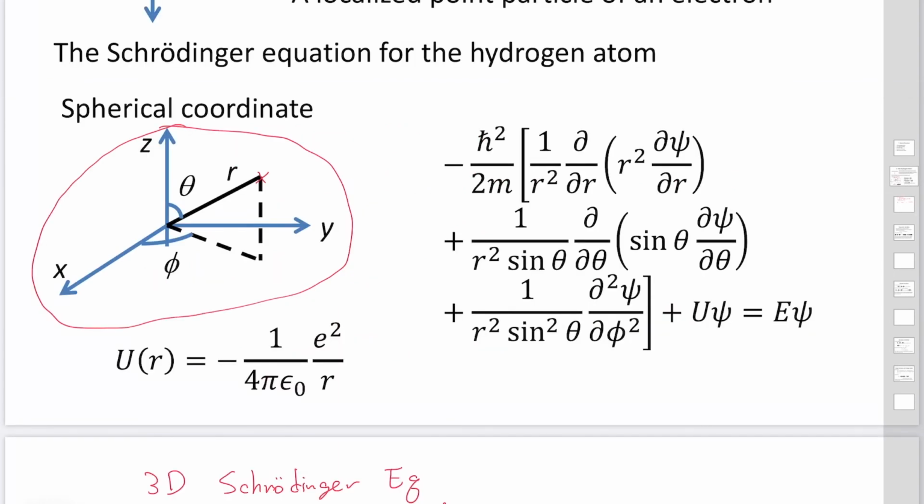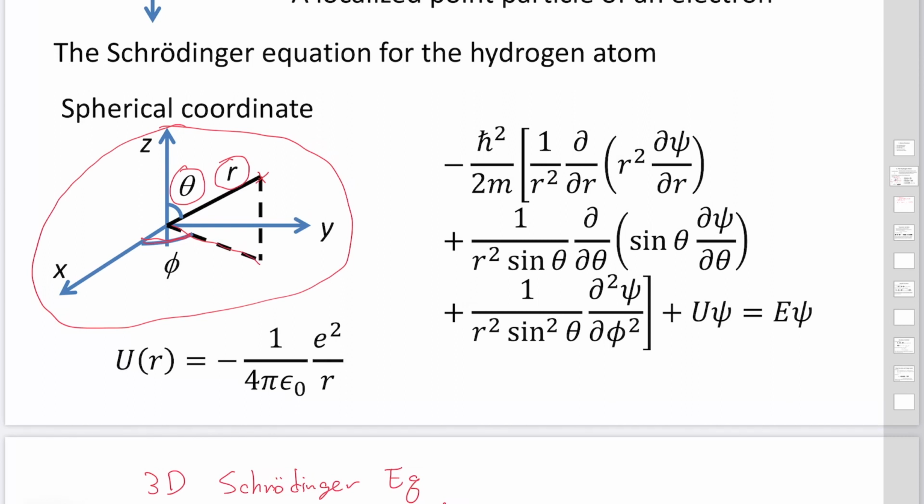Instead of x, y, z, we can use r, the distance from the origin, and theta, the angle between the z-axis and the radial vector to the point in space. If you take the projection of the radial vector on the xy plane, the angle between the x-axis and that projection is the angle phi.